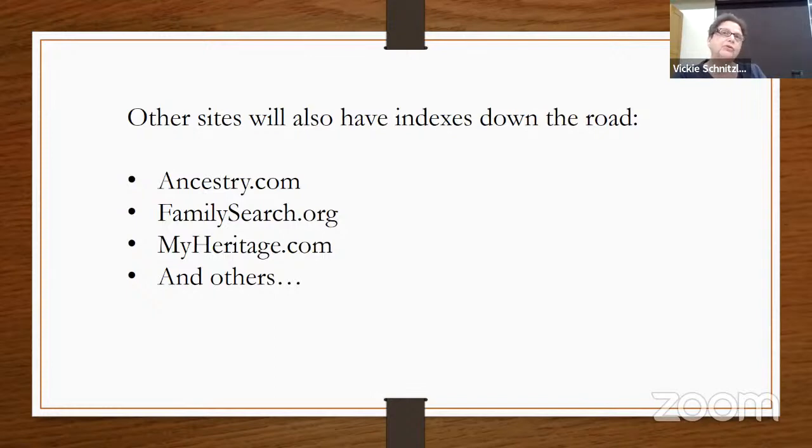They were able to get the images from the National Archives because those are public, but the indexing itself is a different issue. I know Ancestry is working on their own set of indexing, Family Search is doing their own set of indexing, and I believe probably MyHeritage is as well.